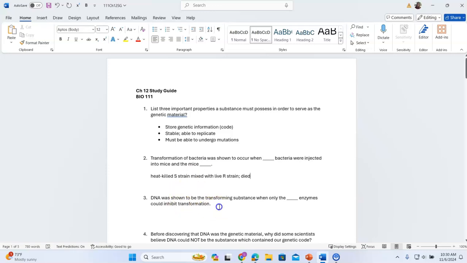And that is when we knew that there must have been some sort of transforming substance that left the S strain and entered into the live R strain and gave it the characteristics of being deadly and caused it to produce a capsule. So number 3, DNA was shown to be the transforming substance when only the blank enzymes could inhibit transformation.